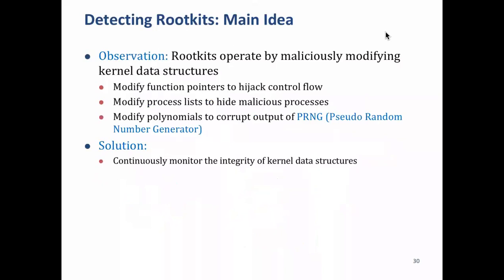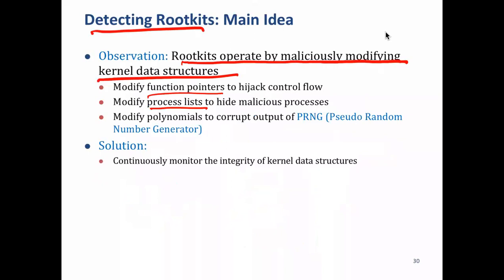So how do you detect a rootkit? A rootkit operates by maliciously modifying kernel data structures. Modifying function pointers, we have seen, right? Modifying the process list, modifying even the pseudo random number generator. So how do you find out there's a rootkit? Of course, you can look at the behavior of the computer and possibly find it out.